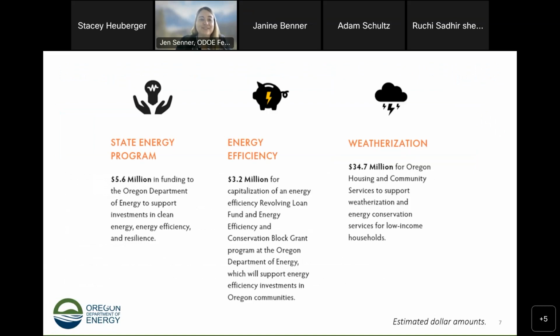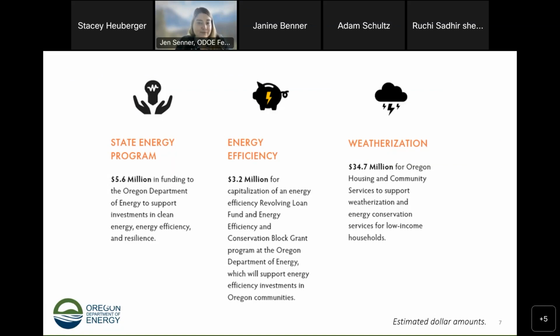And this is just part of the suite of funding opportunities that come to us from the Infrastructure Investment and Jobs Act. Included in that, we also are anticipating funds through the State Energy Program, funds through energy efficiency programs, including a revolving loan fund and energy efficiency and conservation block grant programs.